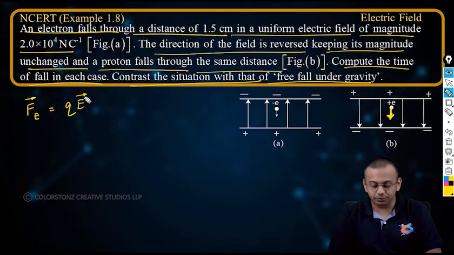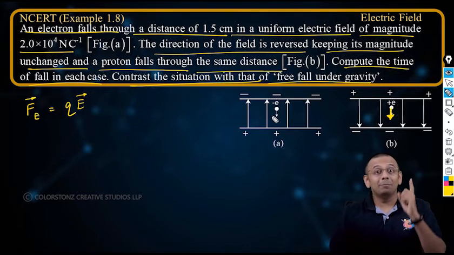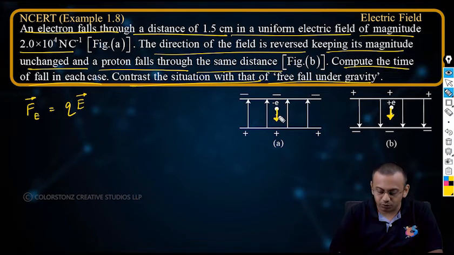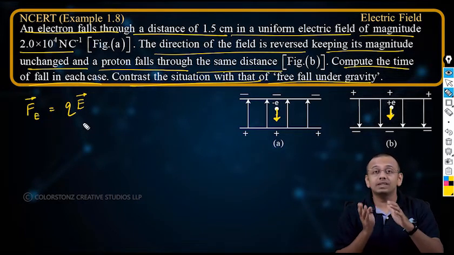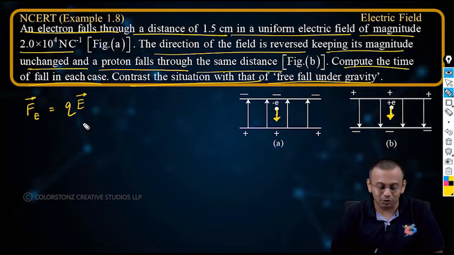This is a vector relation. For the electron case, the field is upwards, but still the force is going to be downwards only. As I said, negative charge, so the force is in the opposite direction of the electric field. Field is upwards, force is downwards.